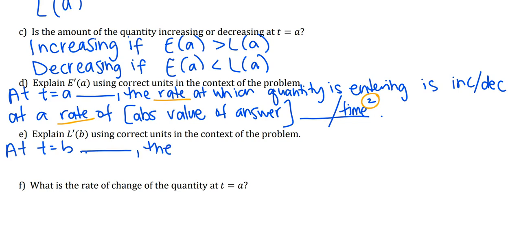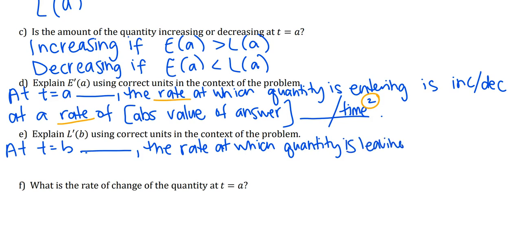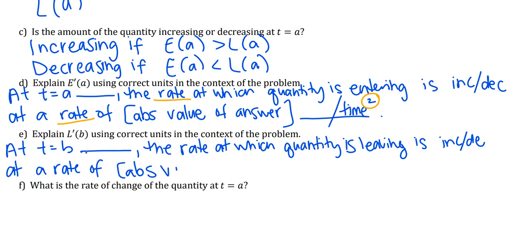And then we're going to restate what L of t is, which is the rate at which our quantity is leaving is, and then you'll do increasing or decreasing depending on your sign, at a rate of absolute value of your answer, and again your units there, which will be something per time squared.